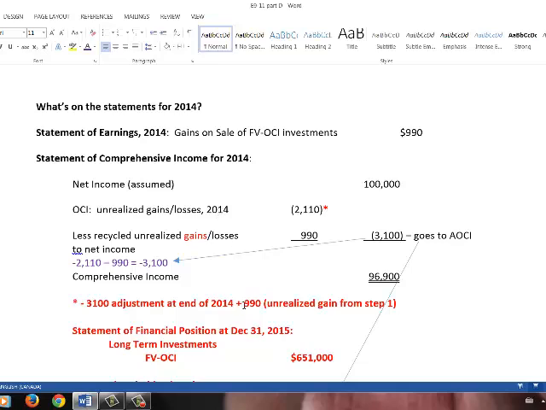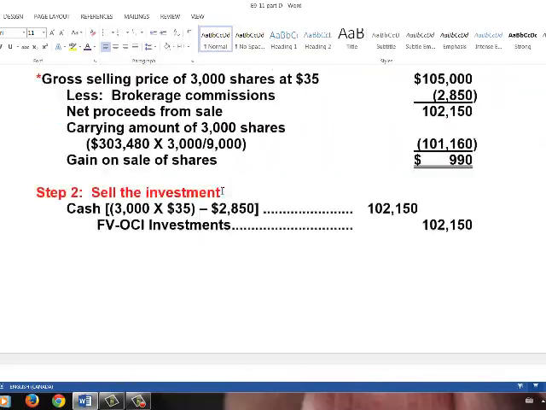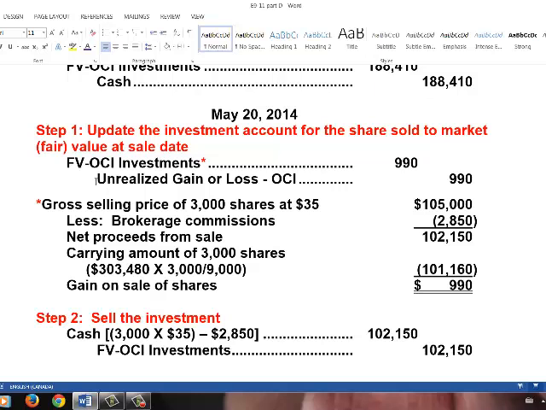First, in step 1, we processed an unrealized gain of $990. That was to adjust our investment to its market value before we recorded the sale.